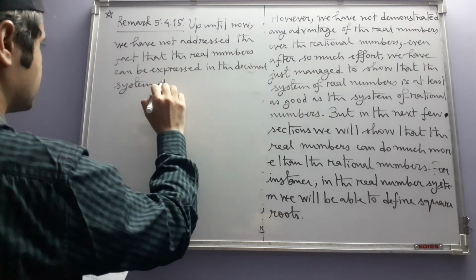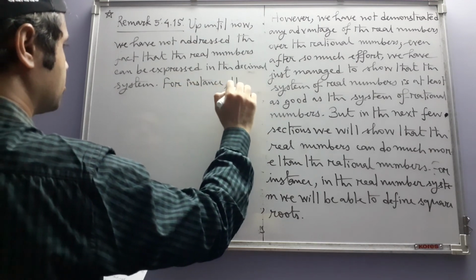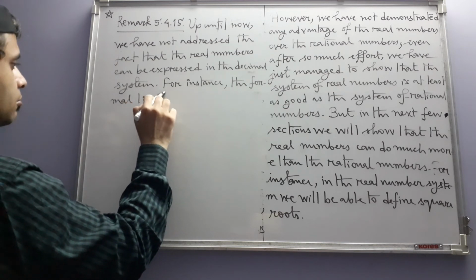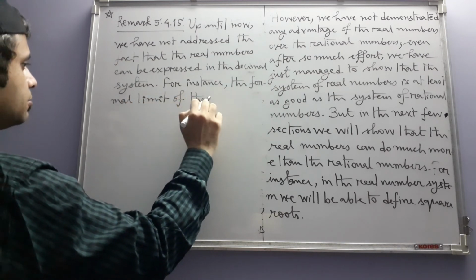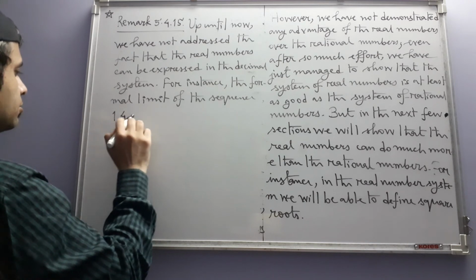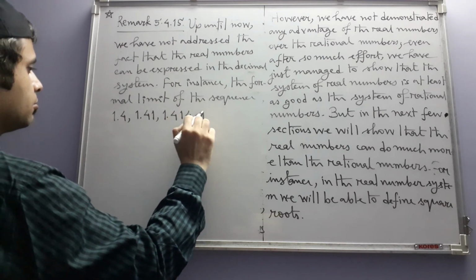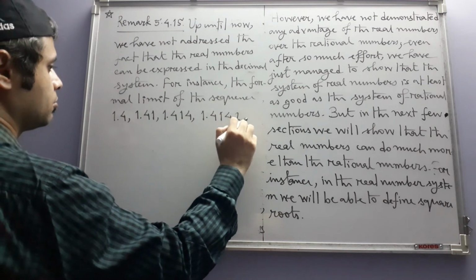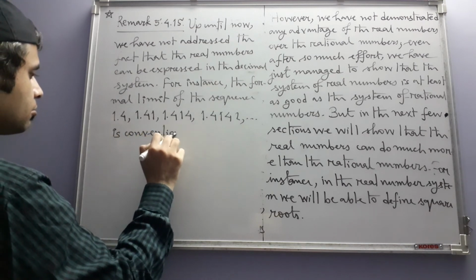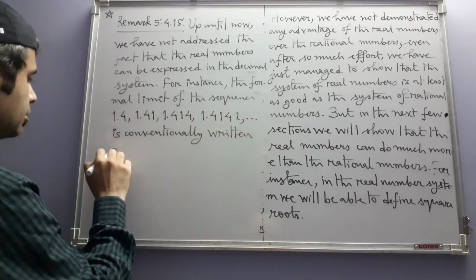For instance, the formal limit of the sequence 1.4, 1.41, 1.414, etc. is conventionally written as this.